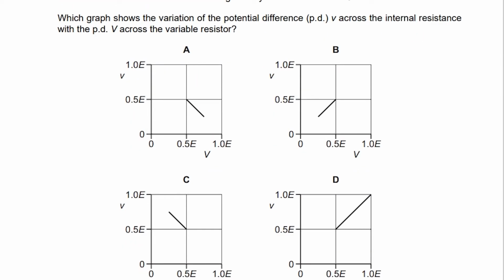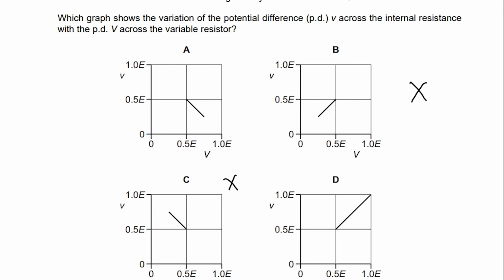Now, option B can't be the answer because in it the value of V is decreasing, and same is the case with option C. In both of these, the value of V, capital V, the potential difference across the variable resistor, is decreasing.